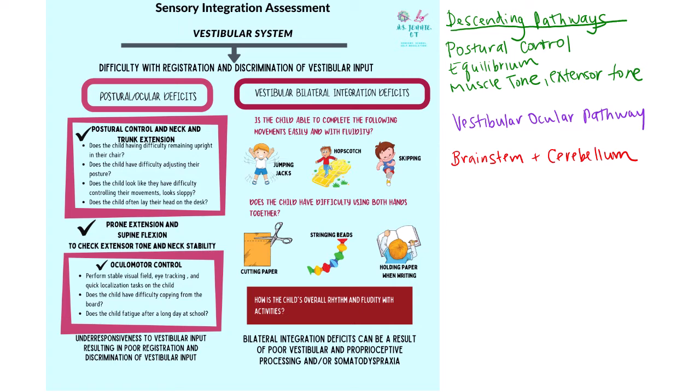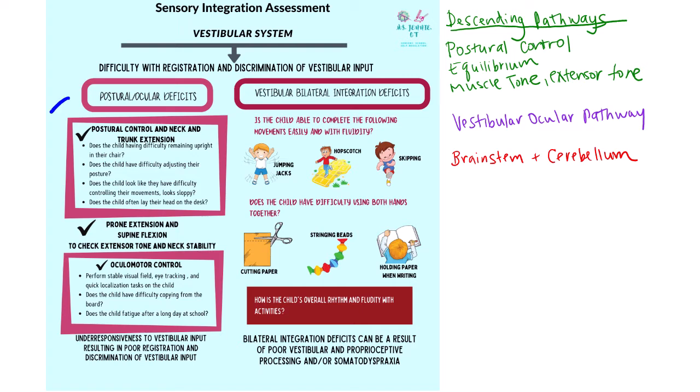And those pathways are controlling the postural control, equilibrium, muscle tone, extensor tone. And that's where you're getting kids with postural control difficulties or neck and trunk extension difficulties.